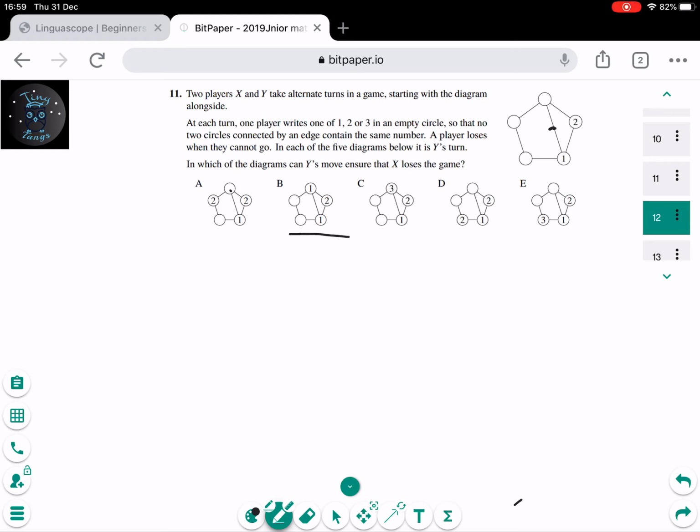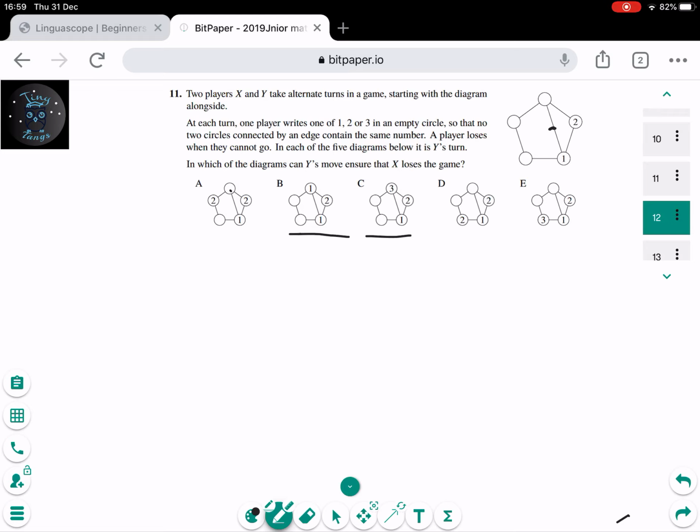So B and C are cancelled out directly. So we have A and D and E left. We also need to make sure that X loses the game, so it's Y's turn, so that X can't put anything else.